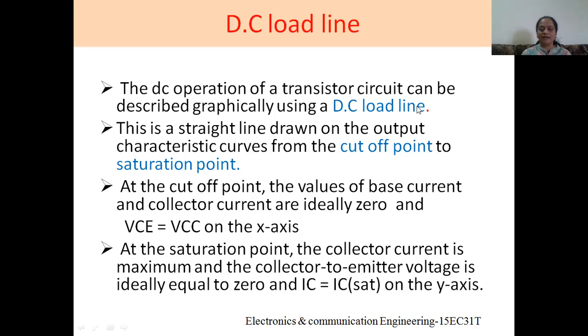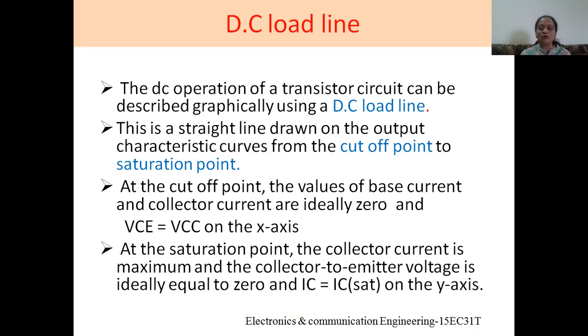So what is a DC load line basically? It's a straight line drawn on the output characteristic curves from the cutoff point to the saturation point. In the transistor output characteristics, we always talk about the CE mode. In CE mode, the output characteristics is collector emitter voltage versus collector current.